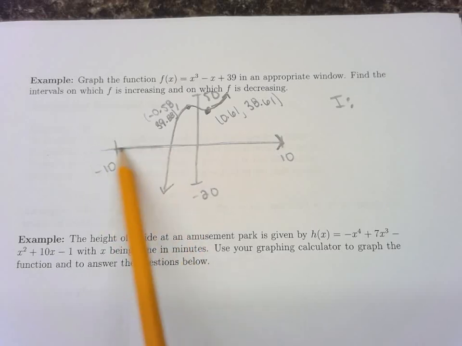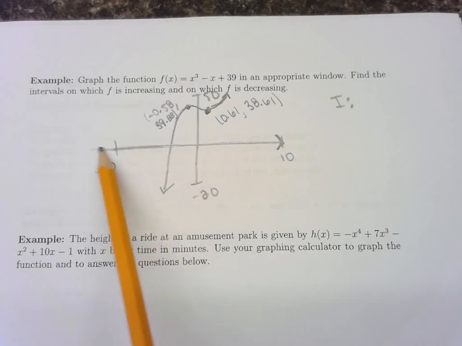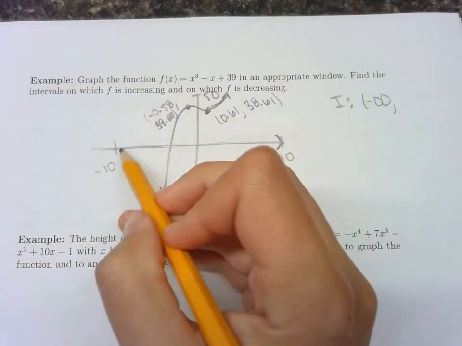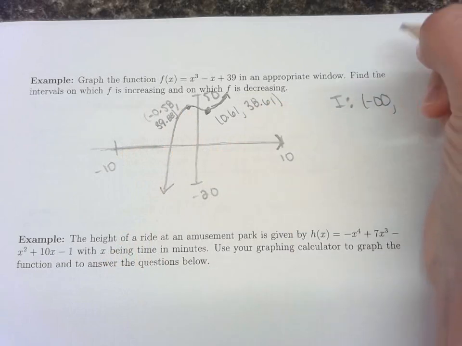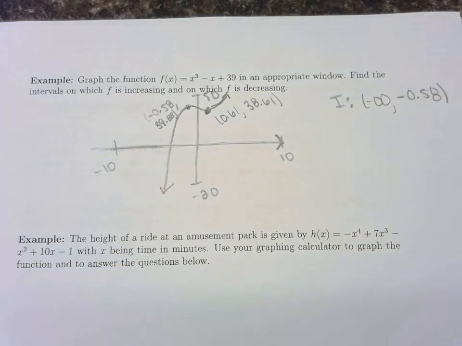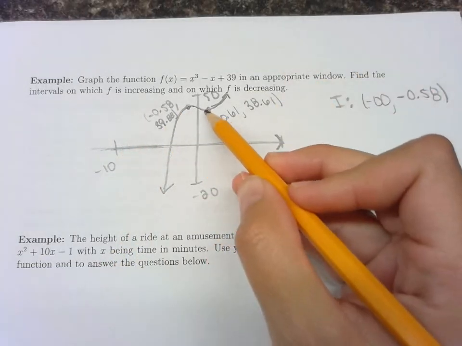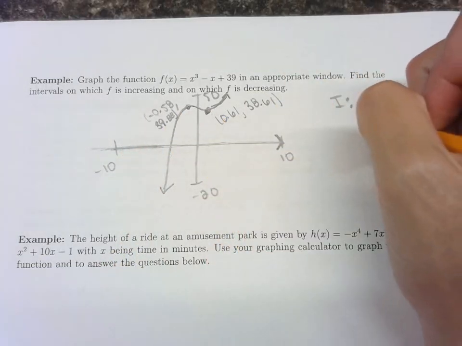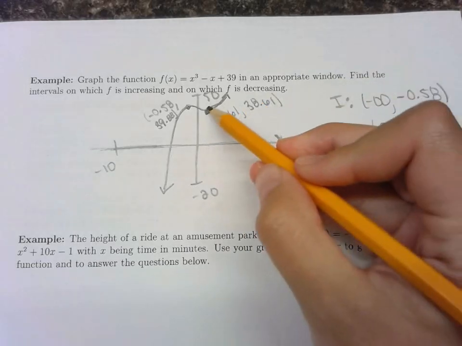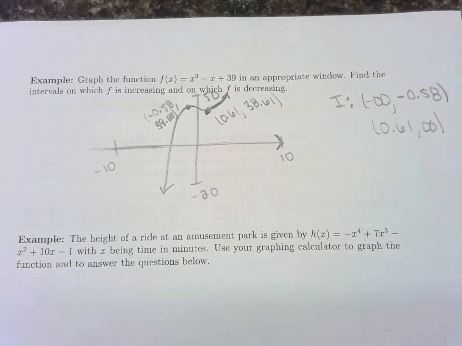So this would be negative infinity to, I'm looking at the x's, negative 0.58. I'm going to leave this open parenthesis. I'll explain that in a second. You also have x is 0.61, and then it's also off to infinity, because it's going to keep increasing here.